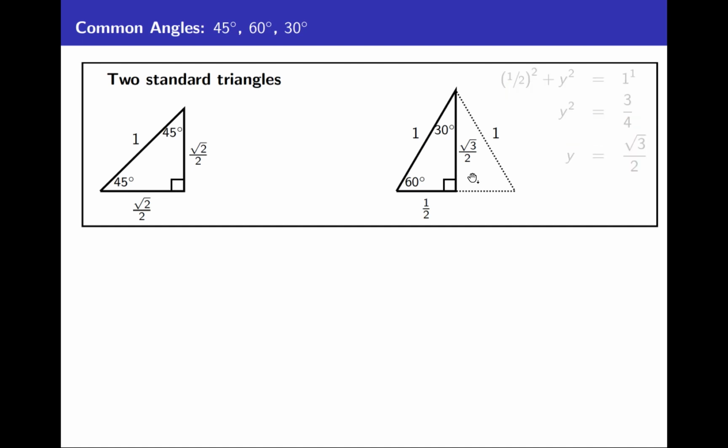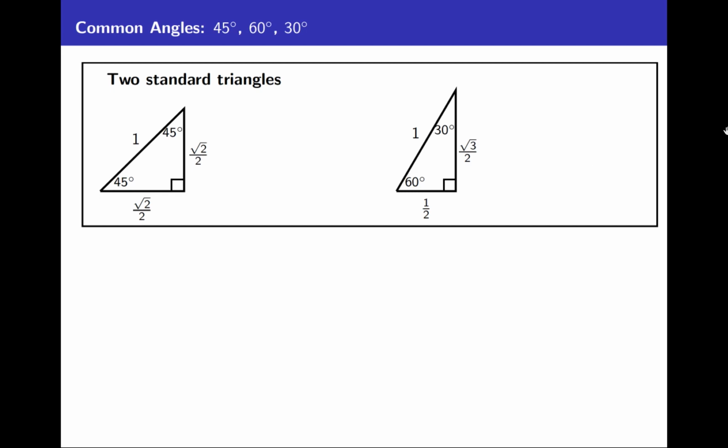And I'm going to gray out that computation. And now let's get rid of that half of that triangle. And we have what's known as the 30-60-90 triangle. Commit this triangle to memory. The 30-60-90 triangle has hypotenuse 1, shorter side of 1/2, and the longer side, which is adjacent to 30 degrees, is square root of 3 over 2.